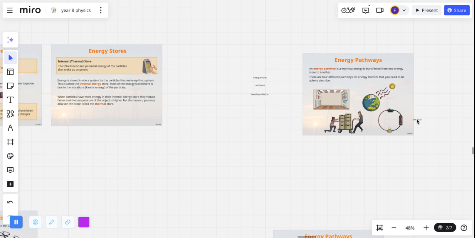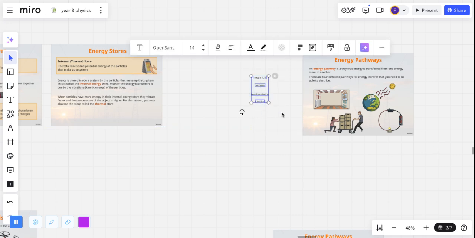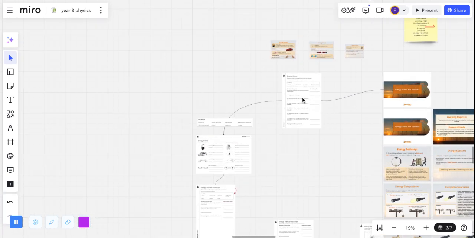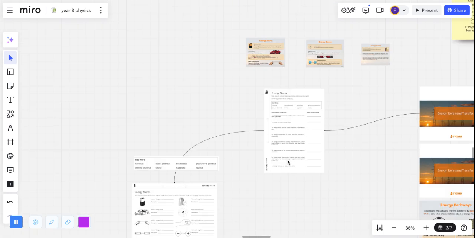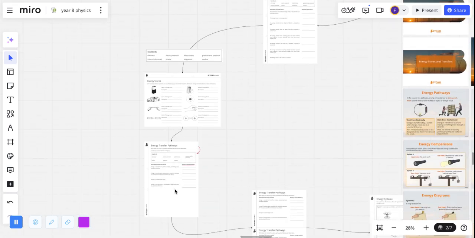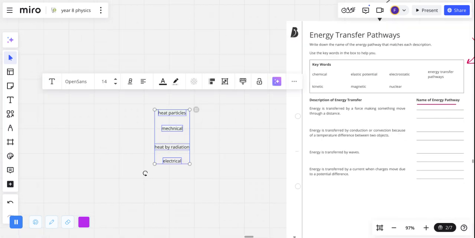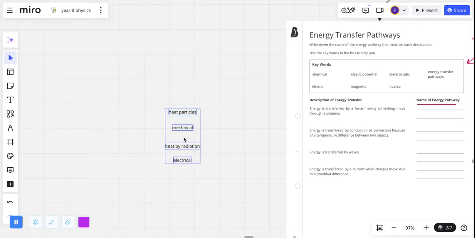They're just not the pathways that we were talking about. So it's like they've copied the keywords from this sheet and thought, do you know what? We'll keep the same keywords for this sheet. But it's not. You must add these. These are the energy transfer pathway keywords.